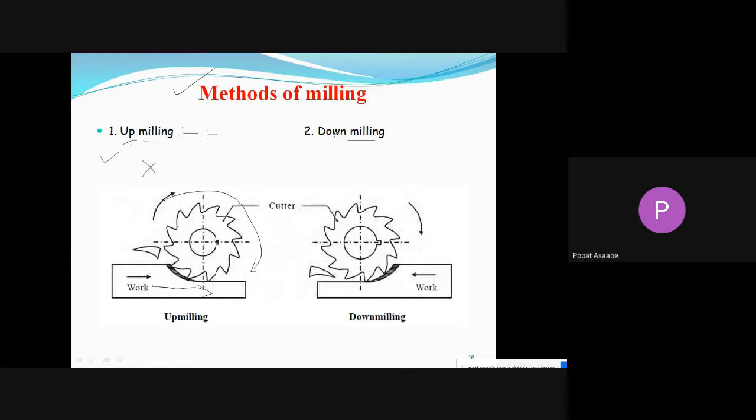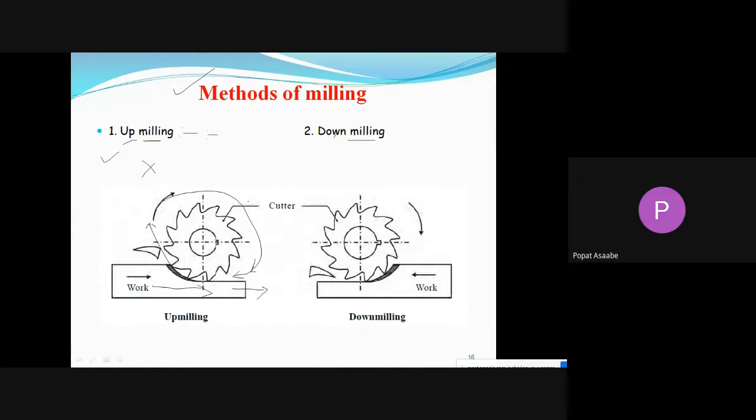That time we can call it up milling, because the cutting edges provided on the cutter will try to pull up or pick up the workpiece in the upward direction, so it is called up milling. Understood?